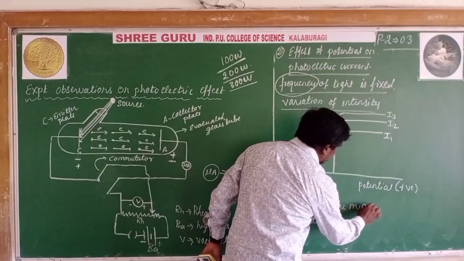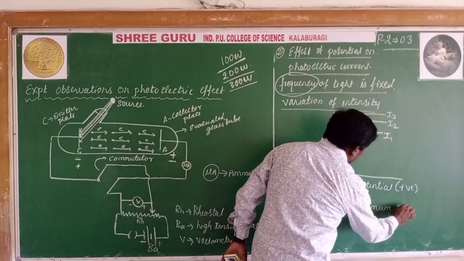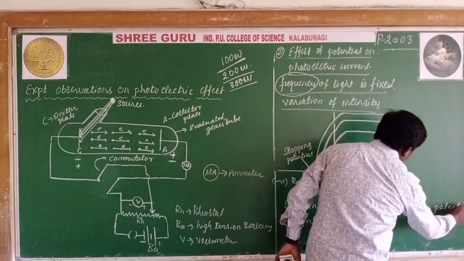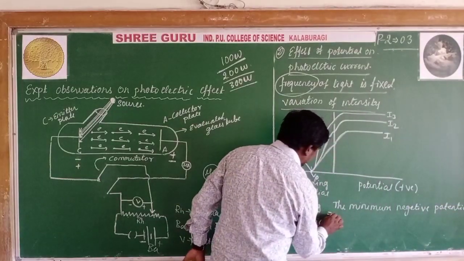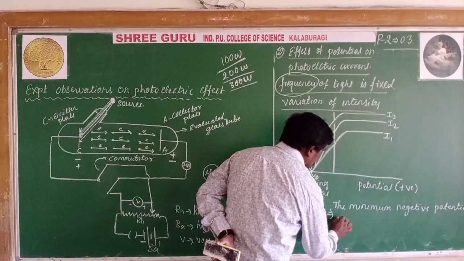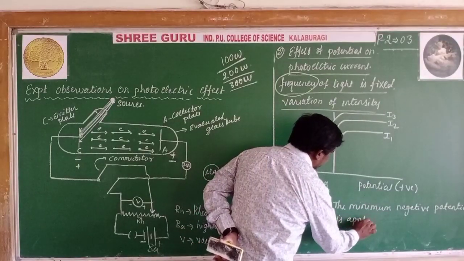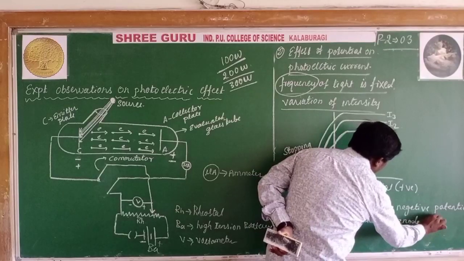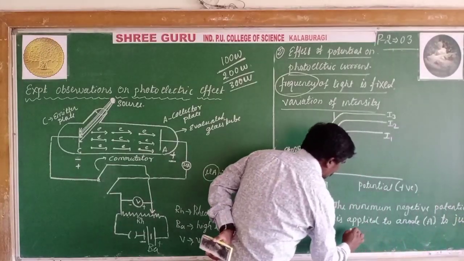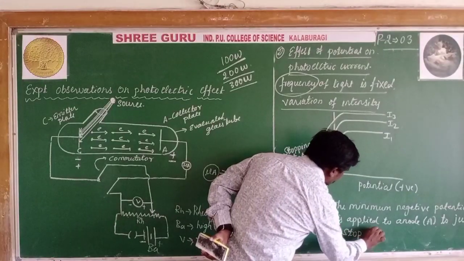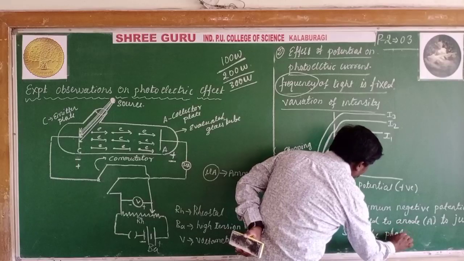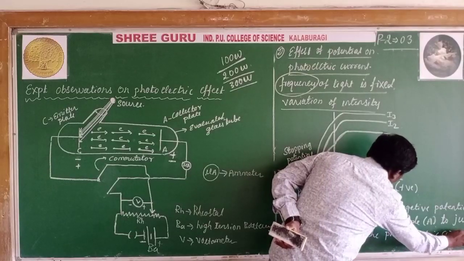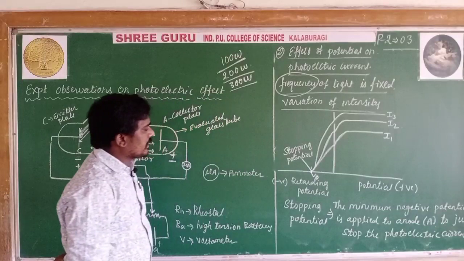The minimum negative potential applied to the anode just stops the photoelectric current.